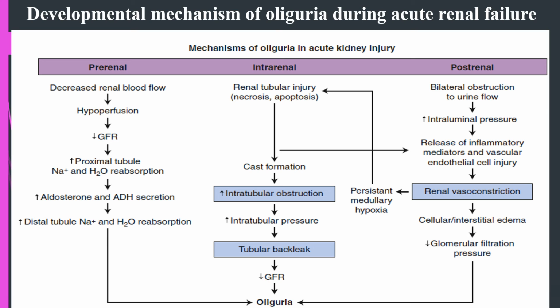The development mechanism of oliguria during acute renal failure may be from prerenal, intrarenal, and postrenal pathology.